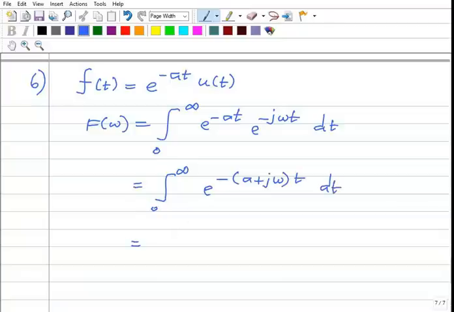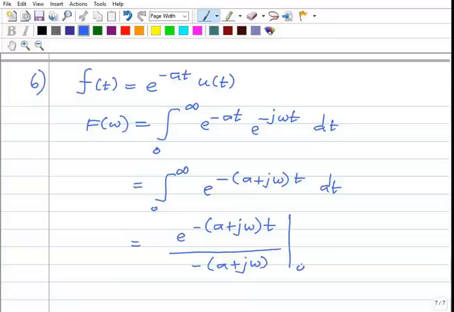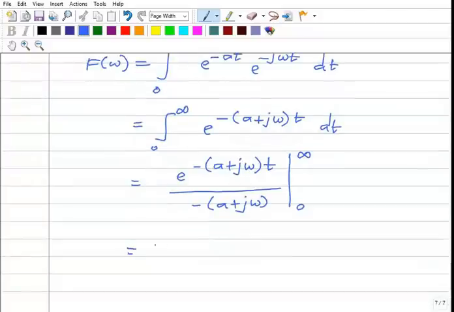Integrate this signal. If I integrate exponential, same thing I will get, divided by the coefficient of t, minus a plus j omega. The lower limit of t is 0, upper limit is infinity. So minus 1 over a plus j omega, irrespective of t.